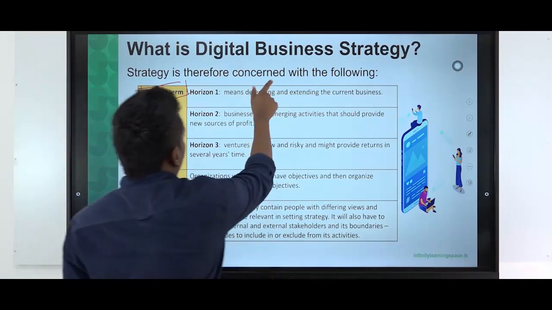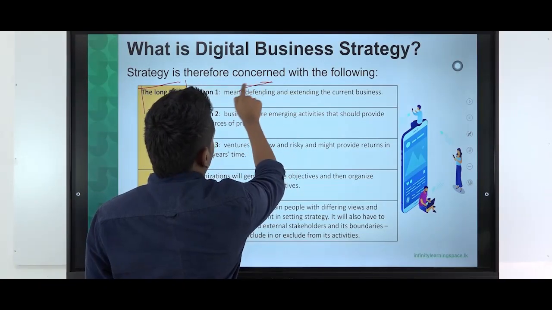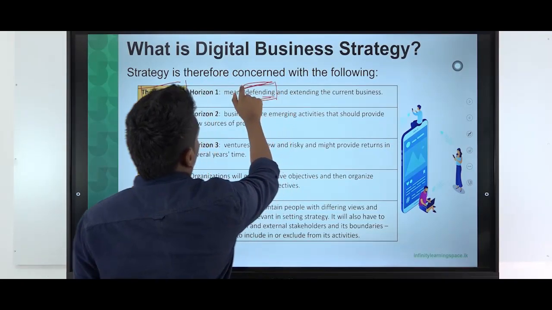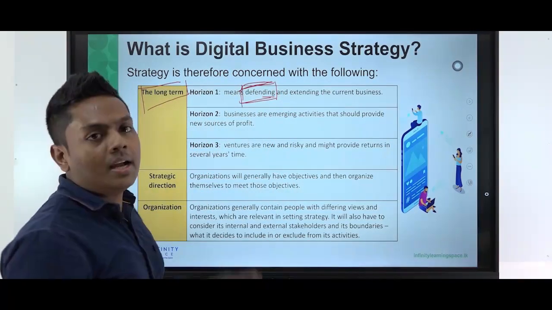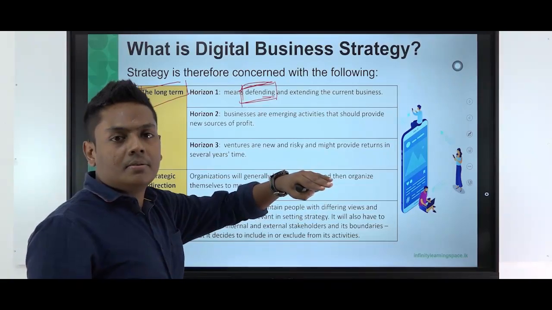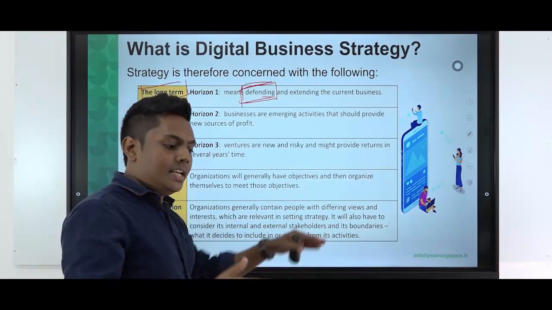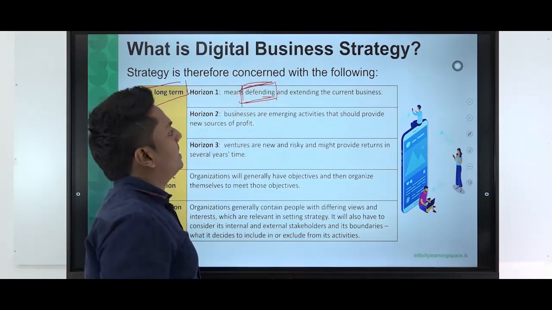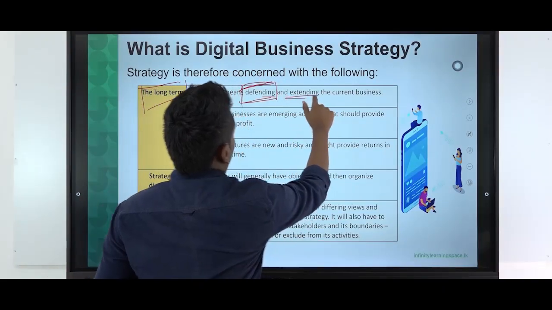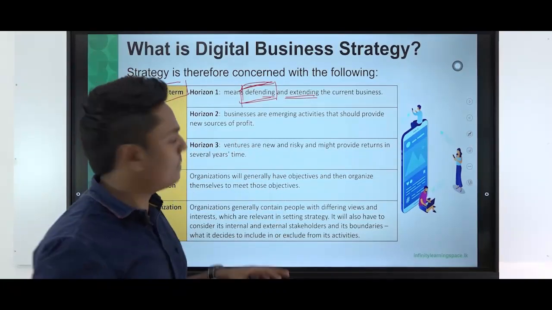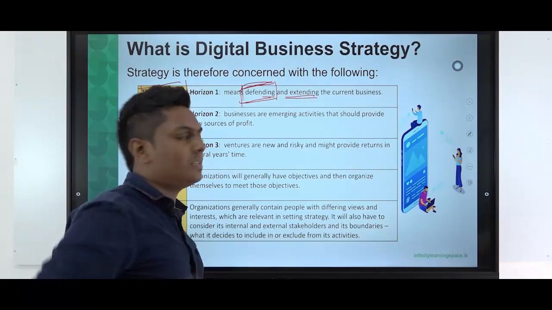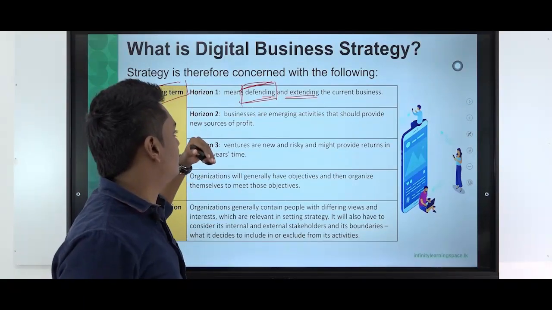When I say defending, what does that mean? You have some existing levels. By safeguarding the existing levels, you are going to extend the current business. You are not going to give up your existing levels of the organization. You are going to advance your organization to an extended level.